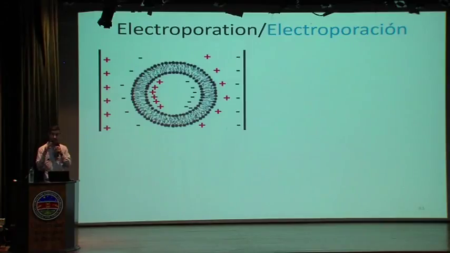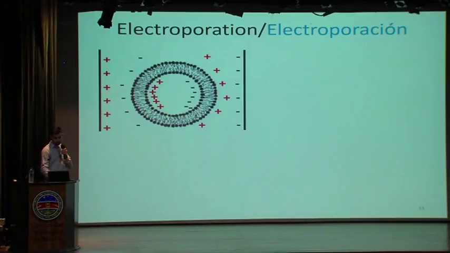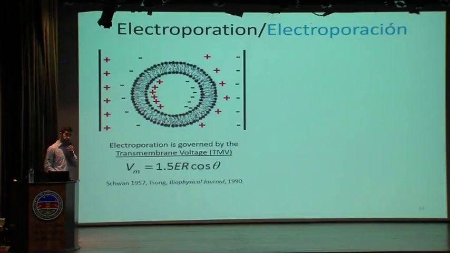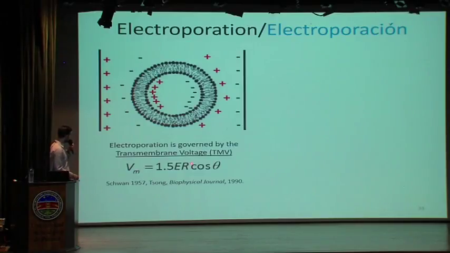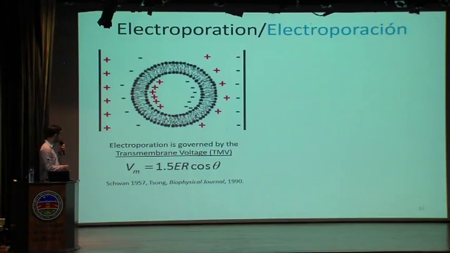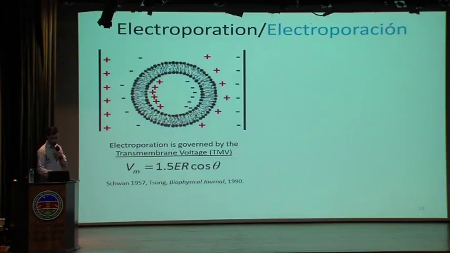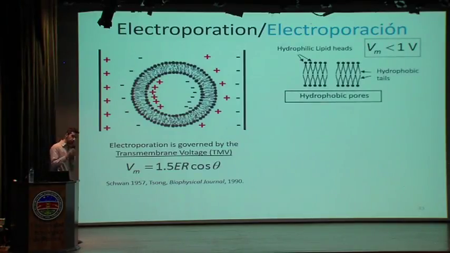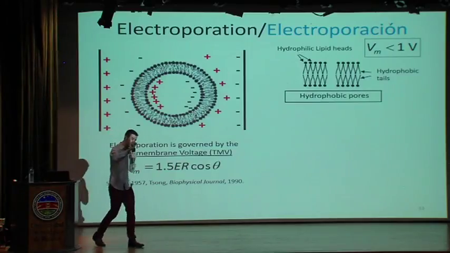So that actually creates a voltage across the membrane. It's called the transmembrane voltage, the TMV. And we can predict how this transmembrane voltage will look, at least in this simple picture, using this equation here. So let's think about what's happening at the cell level on the membrane.